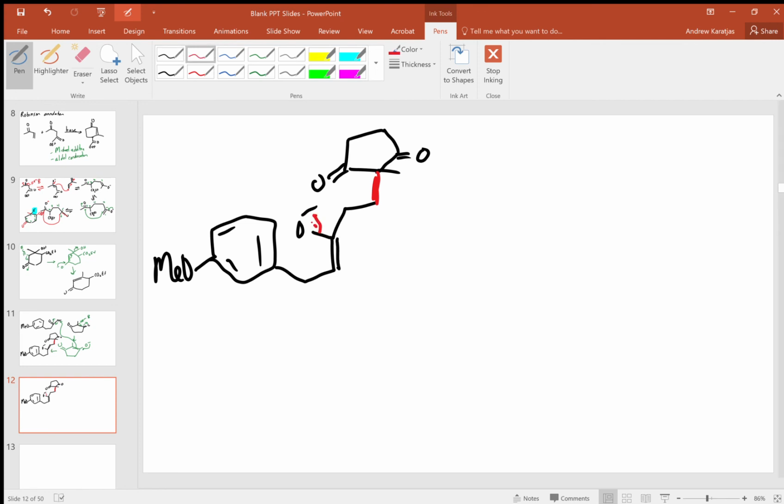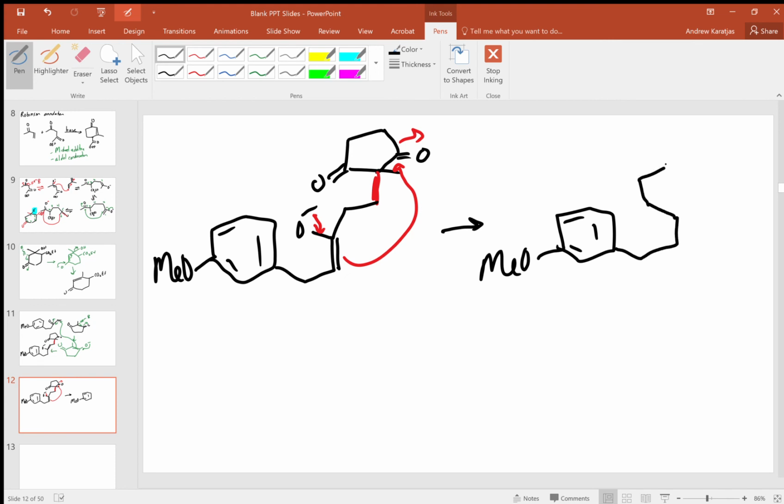Now our enolate does a nucleophilic attack onto one of the ketones, getting us to here.